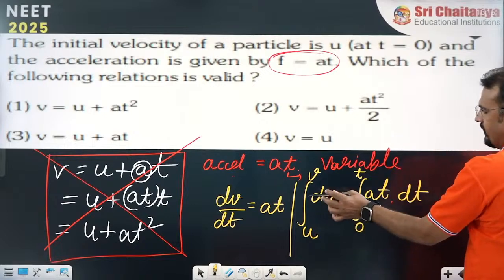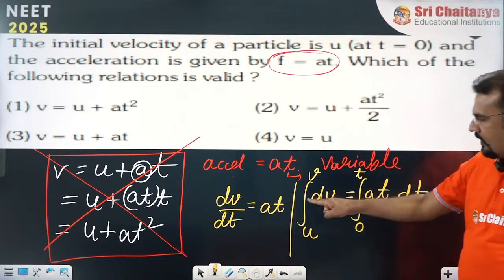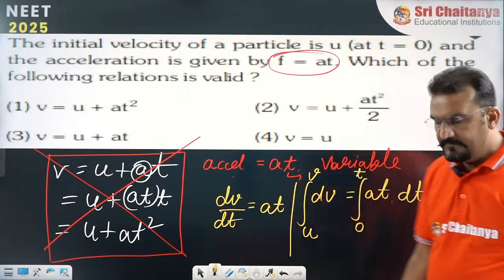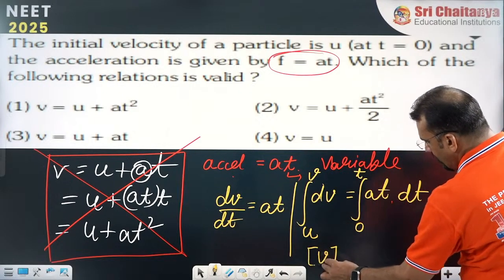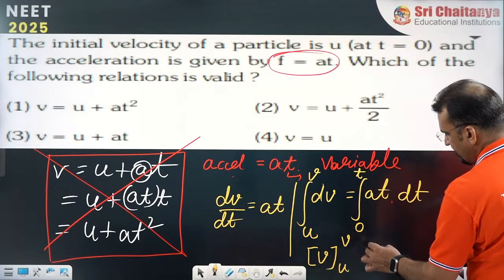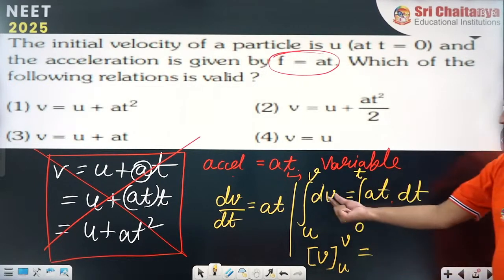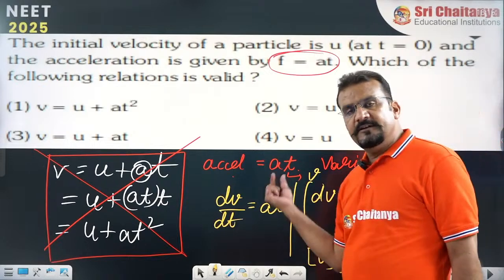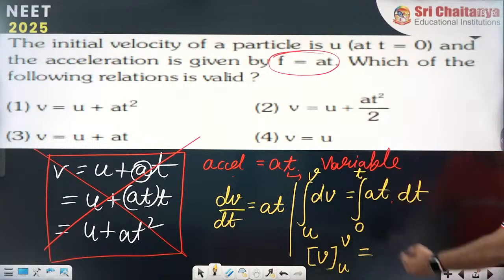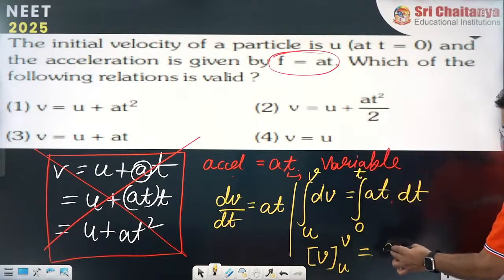Now integrate. The integration of 1 with respect to velocity is going to be v only, from u to v. If you don't know integration, dx integrates to x, so the integration of 1 with respect to v is v. What is at? a is constant.